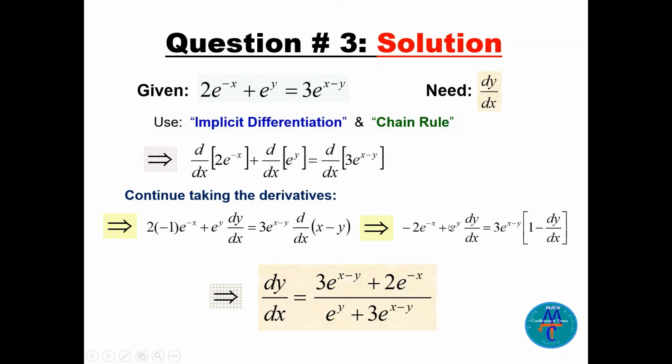Take dy over dx with all the terms on one side and the other terms on the other side. Then divide by the coefficient of dy over dx. You will get, try it yourself please, 1 or 2 steps, dy over dx will be 3e to the power x minus y plus 2e to the power minus x, all divided by e to the power y plus 3e to the power x minus y.